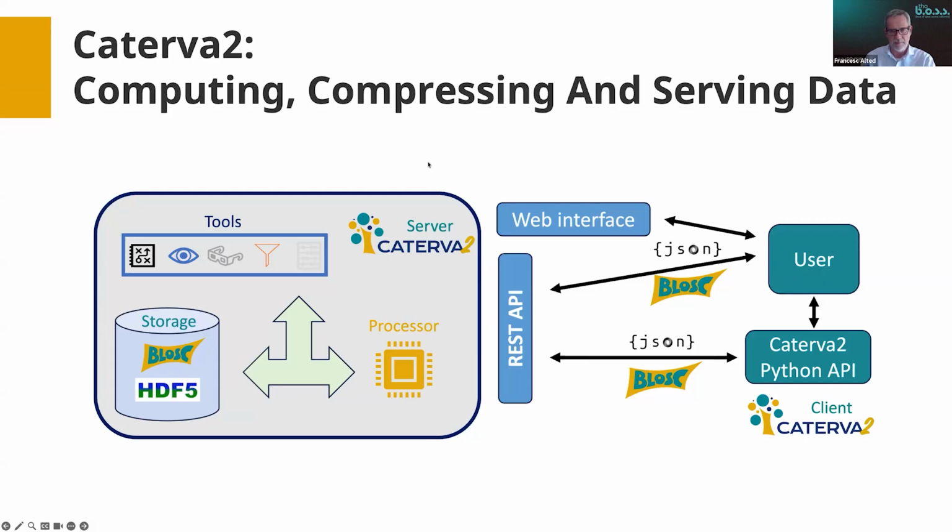All of these services are available through a REST API, and also a Python API in order to access the data, which is very convenient. And we also have a web interface for accessing all the data in the cloud.